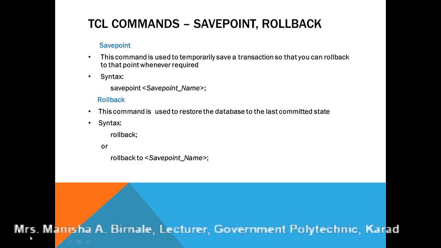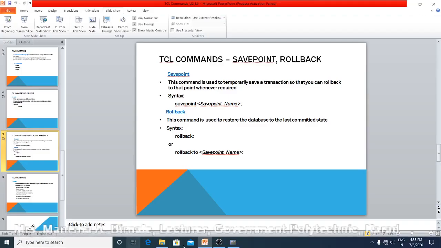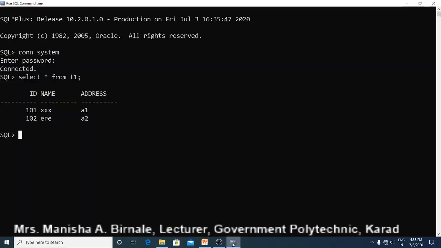Let us see it practically. Now our table T1 contains two records. This is a last committed state, and after that suppose you have deleted records from the table. Delete from T1.